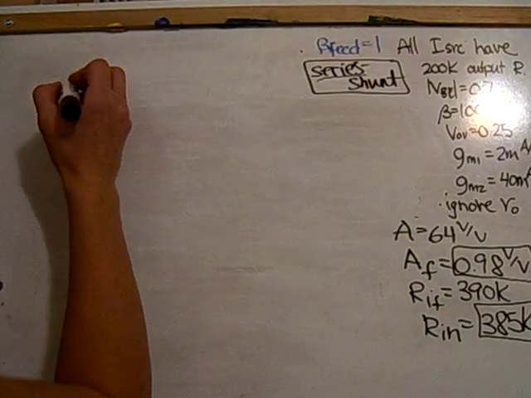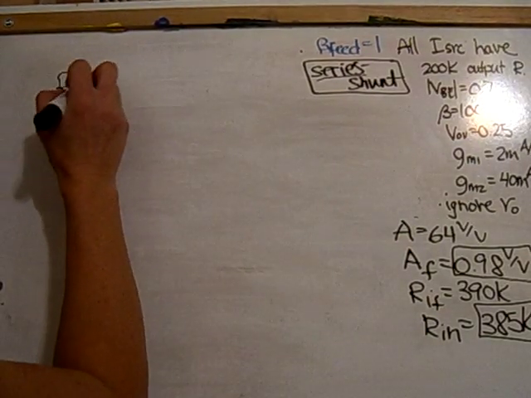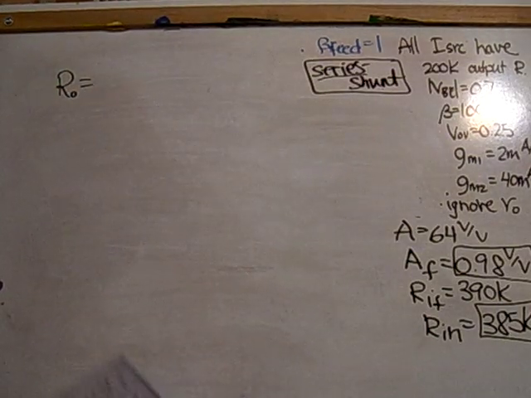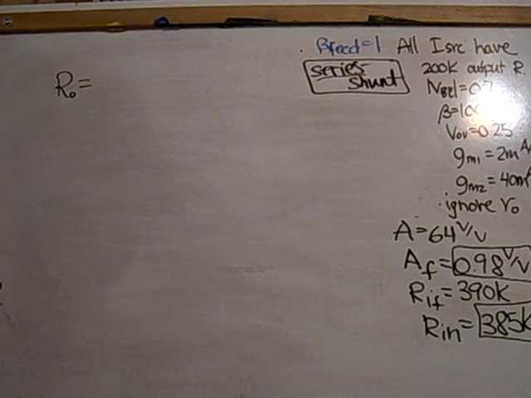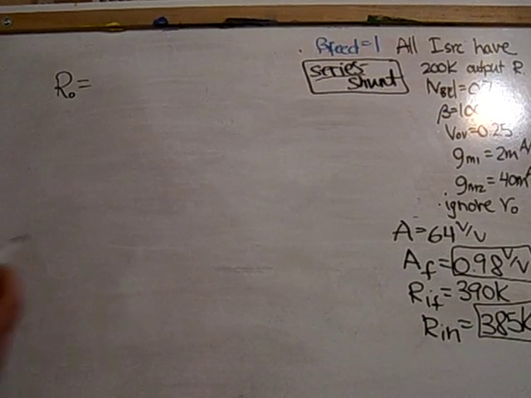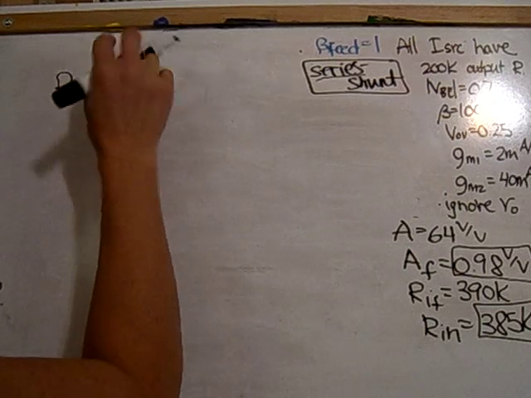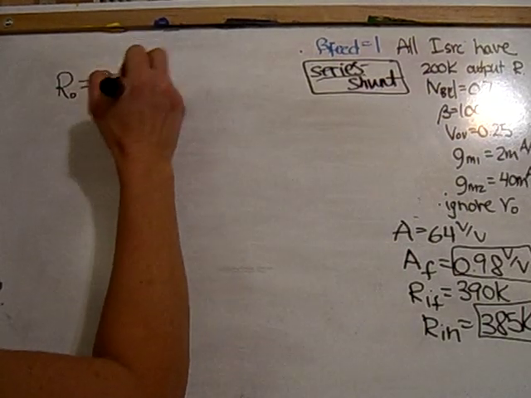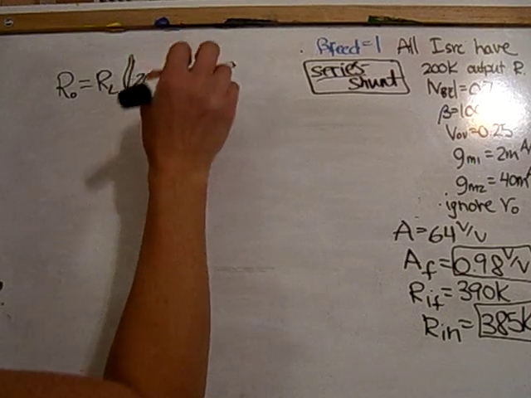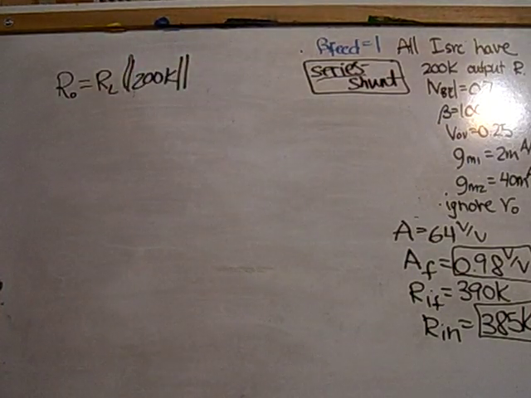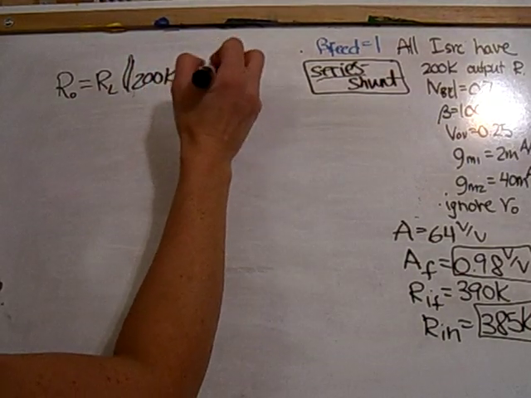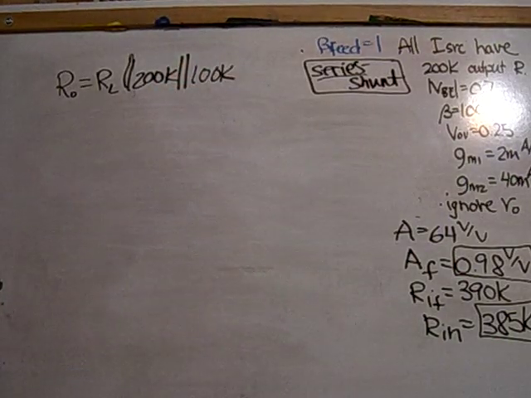RO, so I erased it, was on the collector side of the BJT, and it had all three of those in parallel. So it was RL, the 200K from the current source, and then R22, which was 100K. So all three of those was RO.